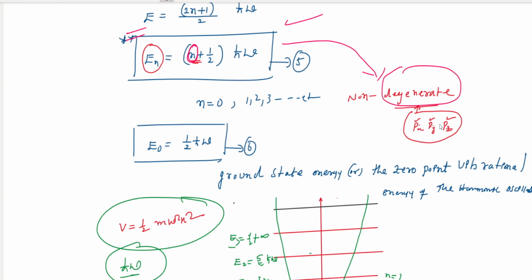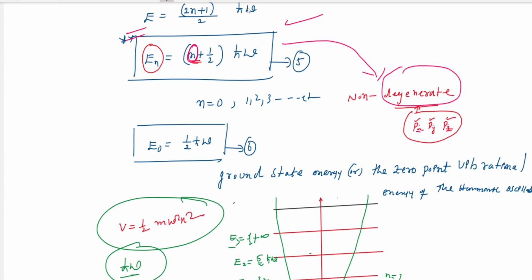We know px, py, pz orbitals, right? This is the px orbital, py orbital, pz orbital. First, I am going to tell you what degeneracy and non-degeneracy are. Here the px, py, pz are there.